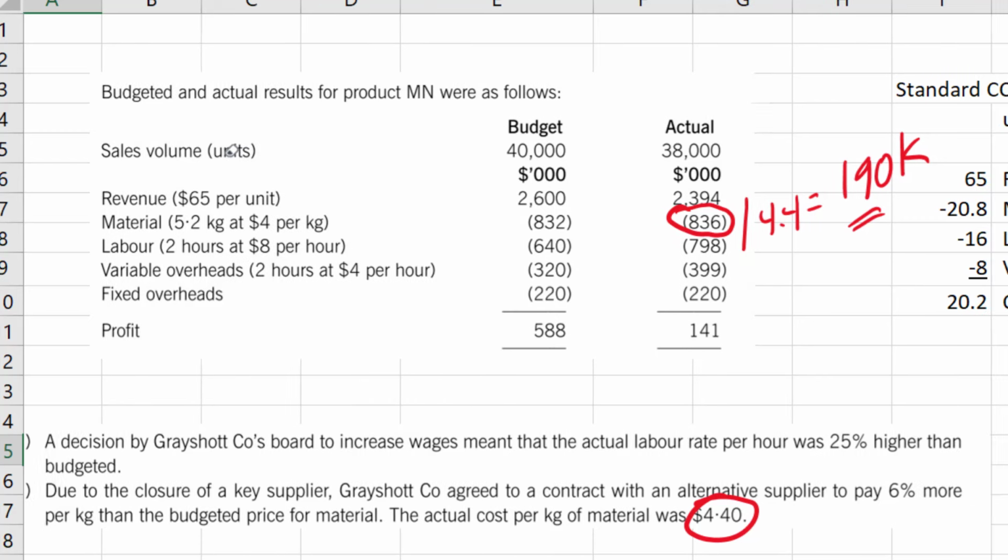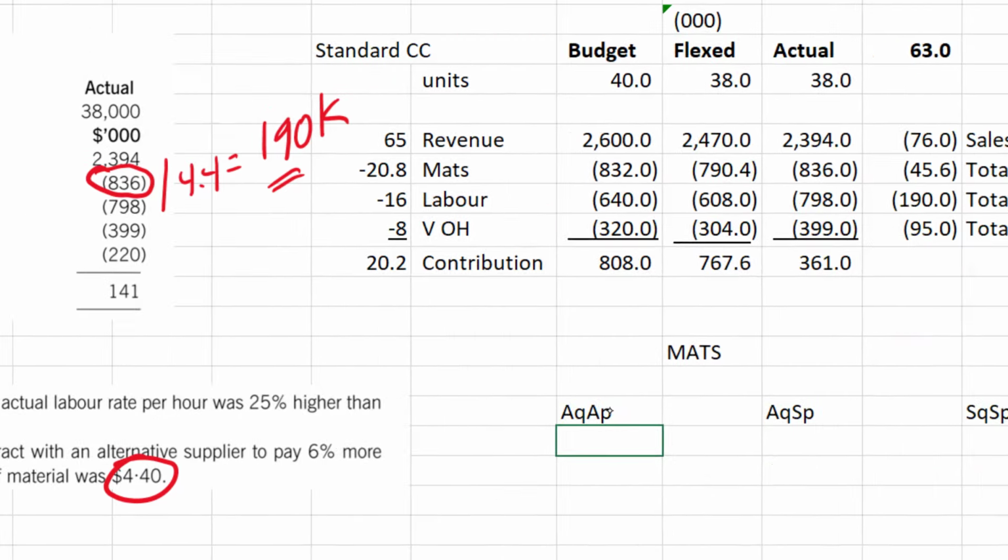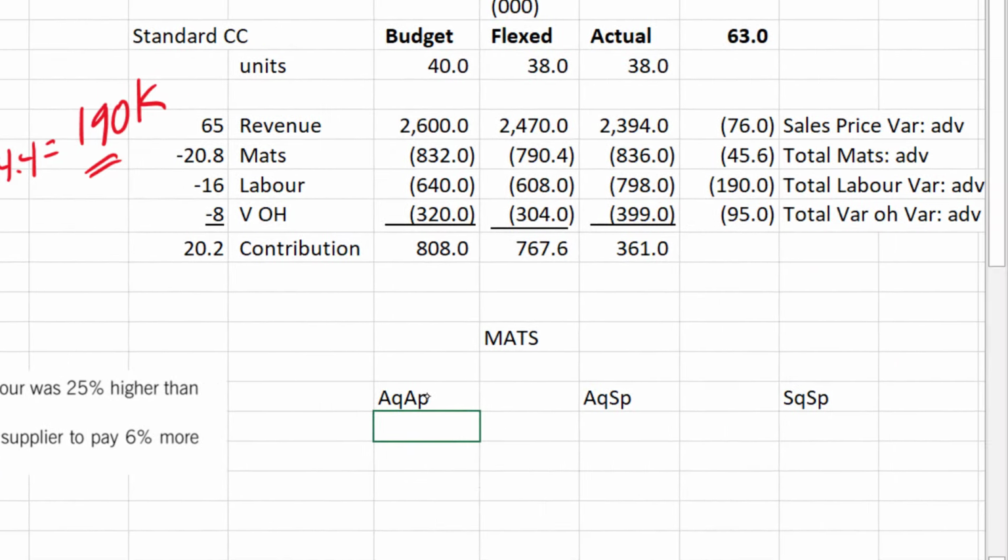So let's come back here. Anywhere that I see the actual quantity, I'm going to put 190. Actual price, we said 4.4.